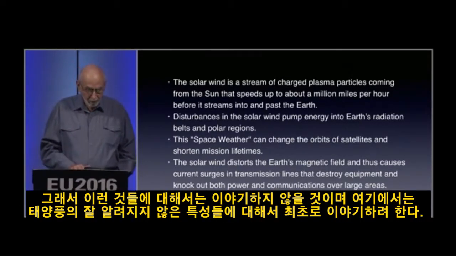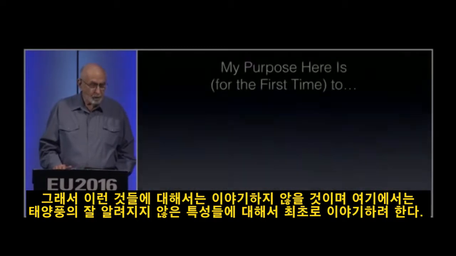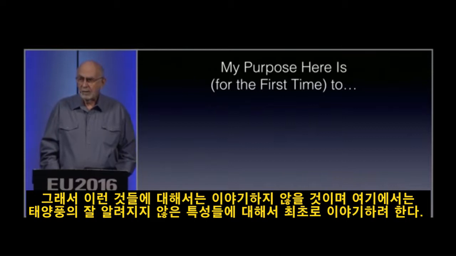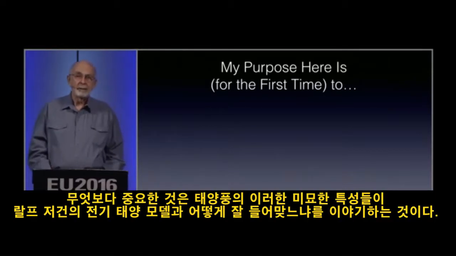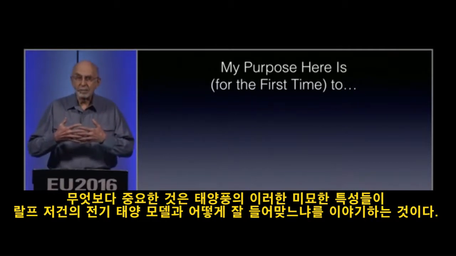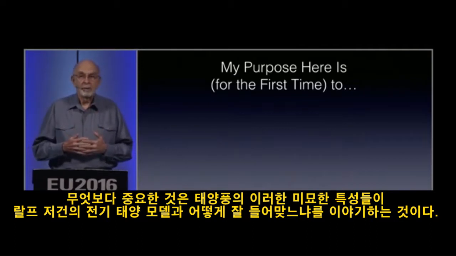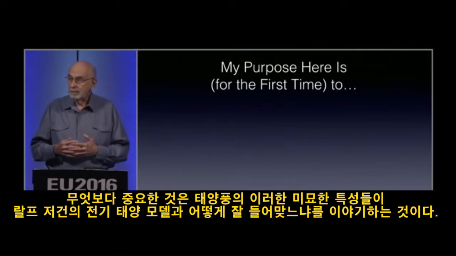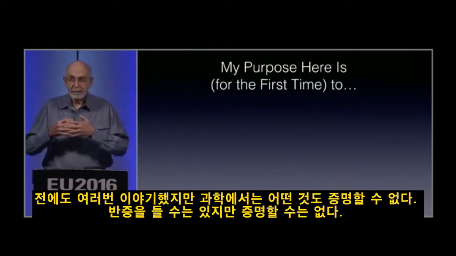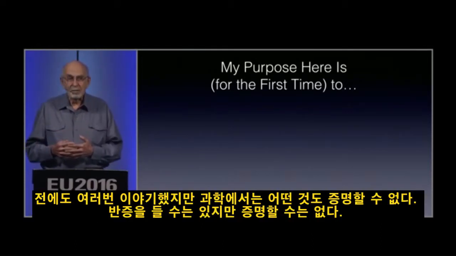What I am going to talk about, I hope for the first time, is some of the lesser known properties of the solar wind, and most importantly, how well those very subtle properties fit in exactly with Ralph Juergens' electric sun model. As I've said so many times before, you can't prove anything in science.